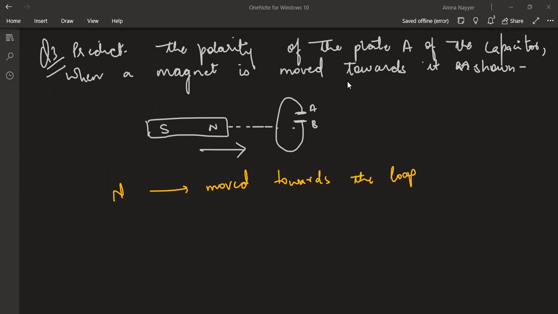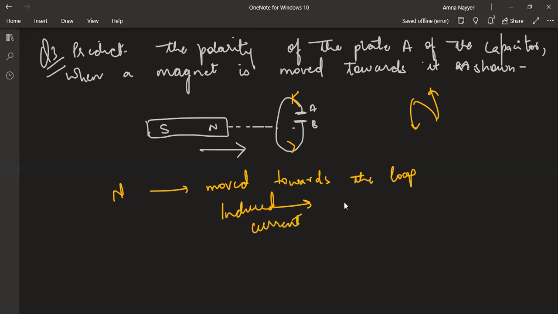North is approaching. To repel it, it will also develop north polarity. Yes, Salman, correct. It will also develop north polarity, and that will be anti-clockwise. This will be anti-clockwise, means direction of induced current.